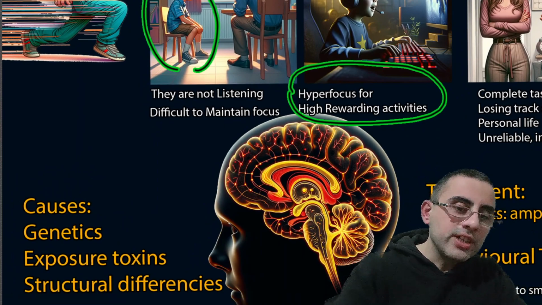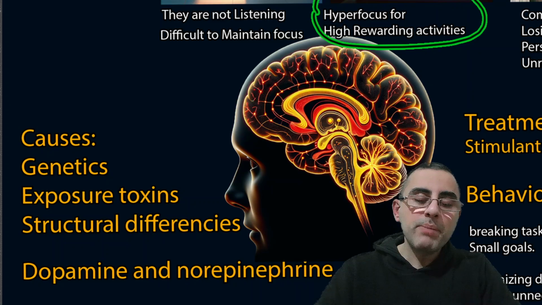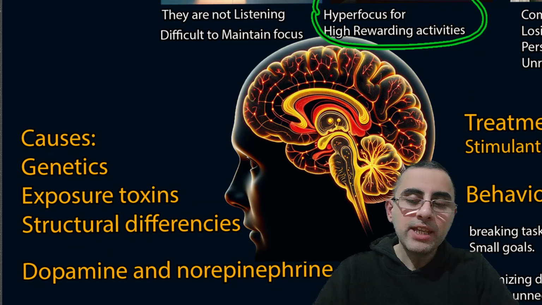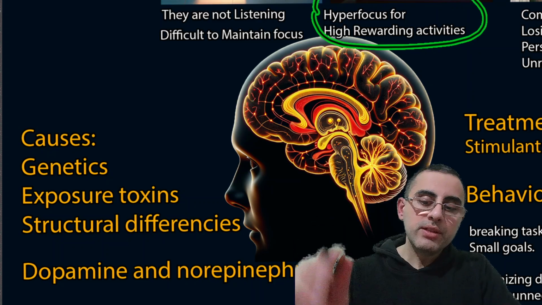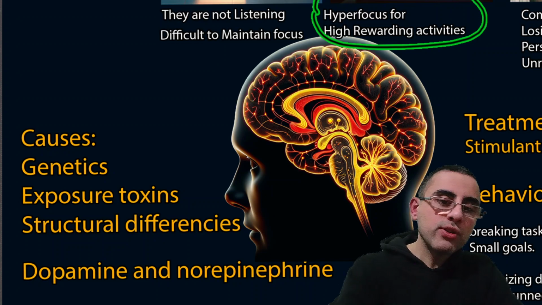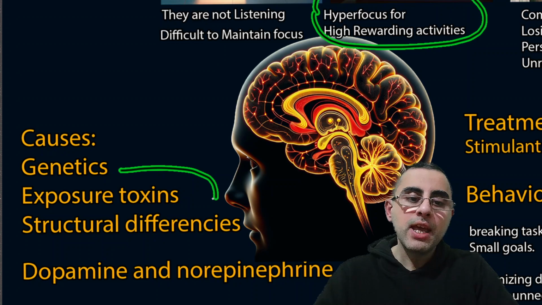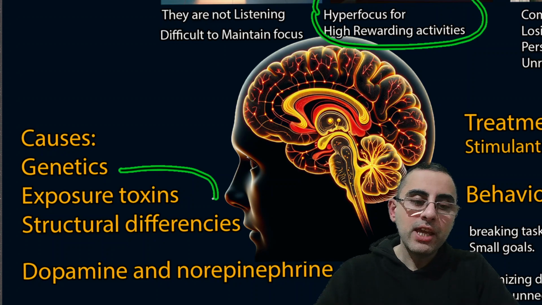And what causes it? Usually it's genetic. If one parent or sibling has ADHD, there is a higher risk that this person may also have ADHD. Also, exposure to toxins during pregnancy, for example alcohol, tobacco smoking or other chemicals, and in early life, can cause ADHD.